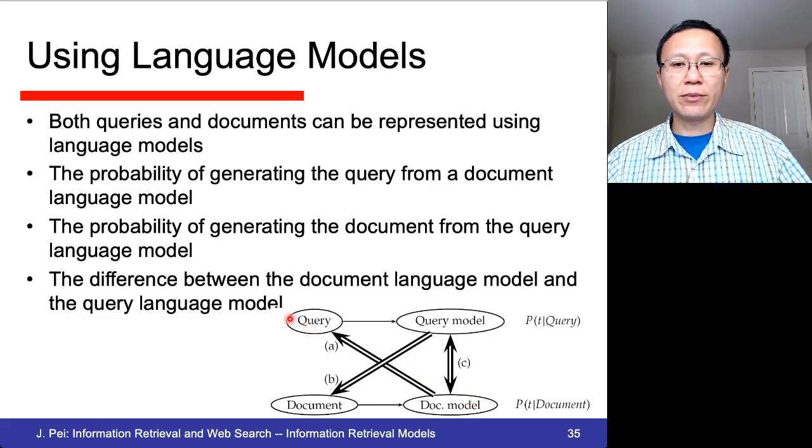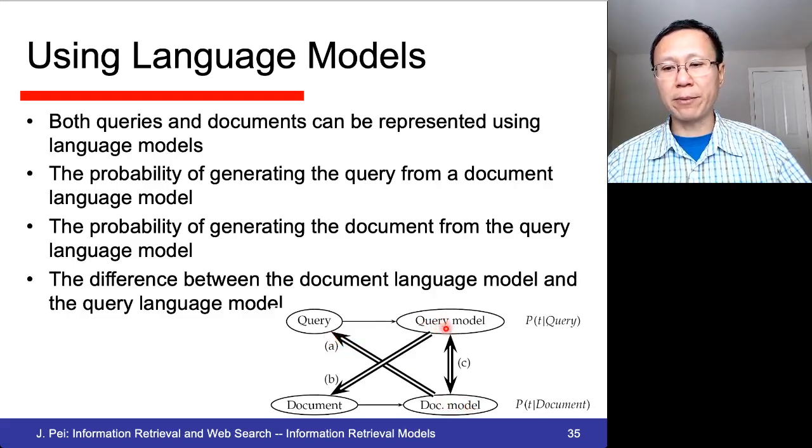First, we can use the query model to check the probability that the query model may generate a document, or we can use the document language model to calculate the probability that the document model may generate the query.